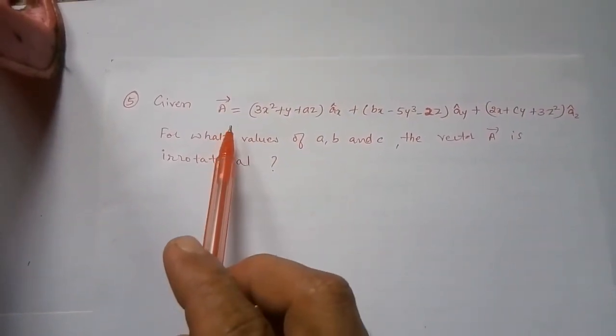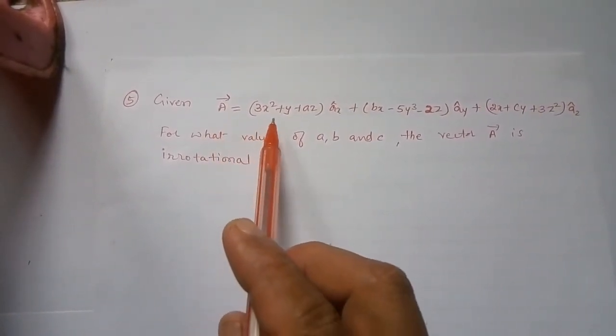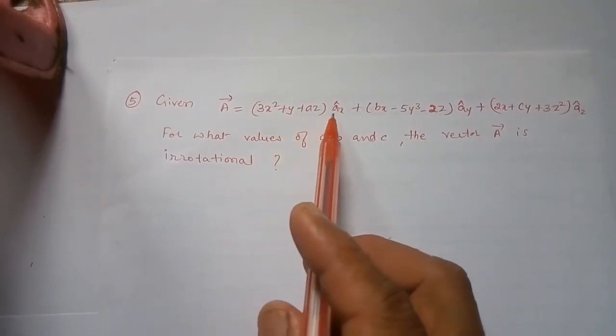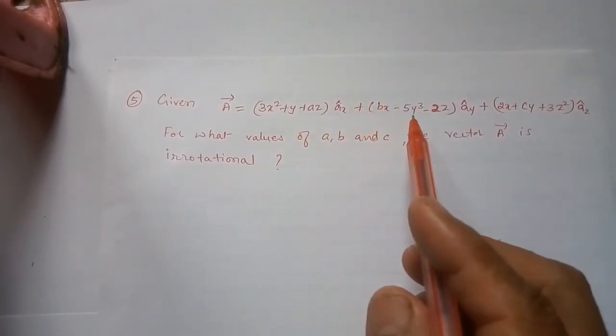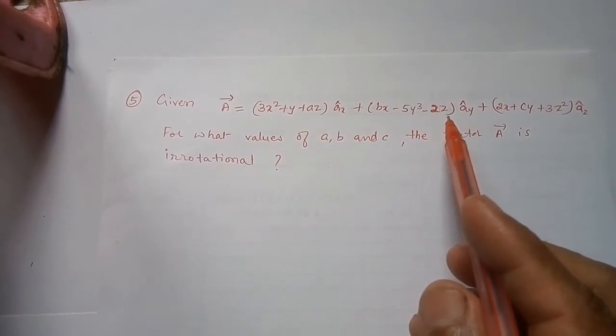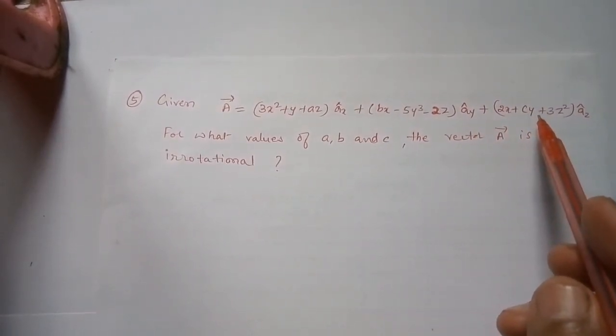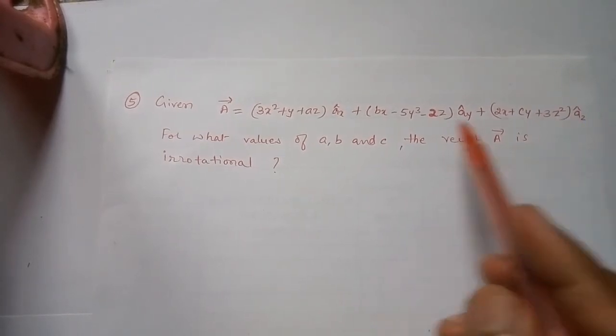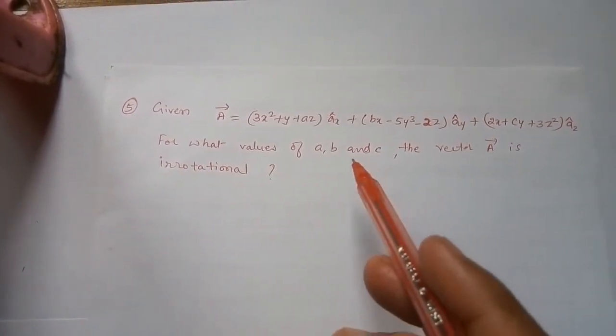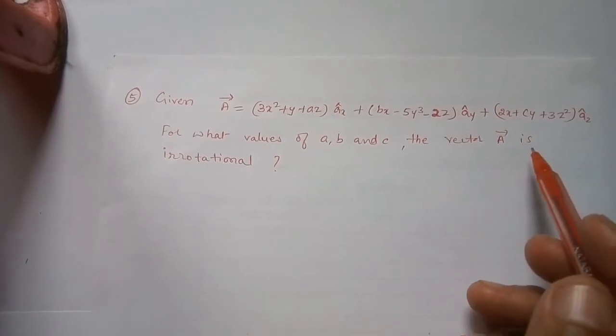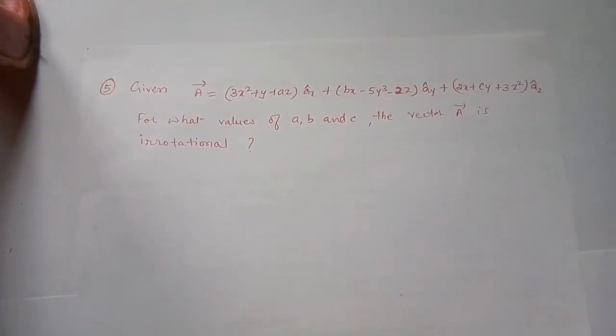The given vector A is equal to (3x square plus y plus az) a x cap plus (bx minus 5y cube minus 2z) a y cap plus (2x plus cy plus 3z square) a z cap. For what values of a, b and c is the vector A irrotational?